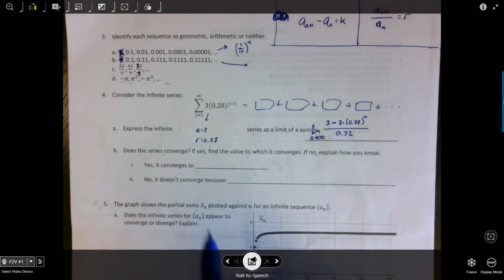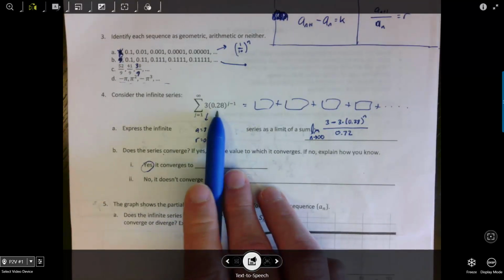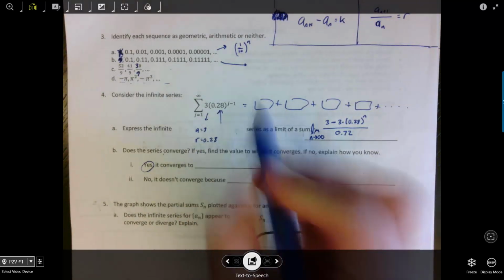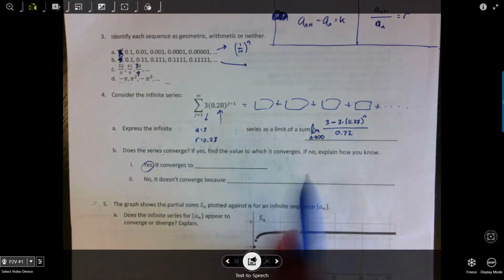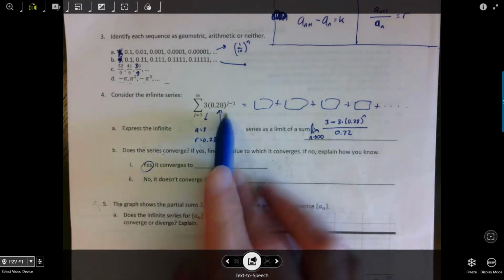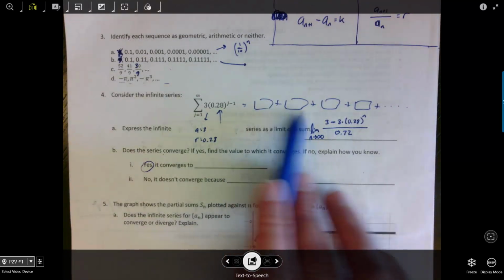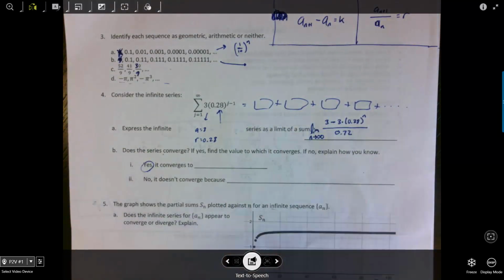The answer is yes, and the reason I know it does is this simple test you can use. Whenever the magnitude of your constant growth multiple is less than 1, that implies that the terms themselves are approaching 0 fast enough that when you add an infinite number of them, the whole thing will converge.